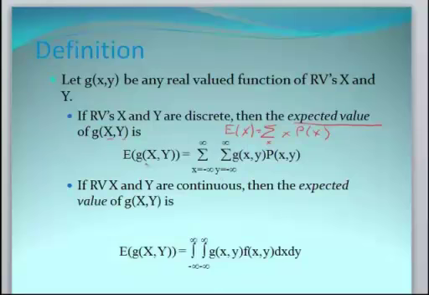Here we're doing pretty much the same sort of thing. We take the function, multiply it by the probability density function at that particular point, add everything up, and you get the expected value of that particular function.